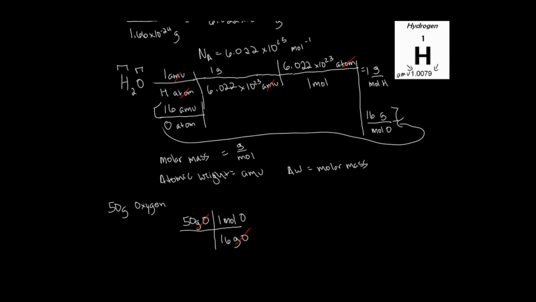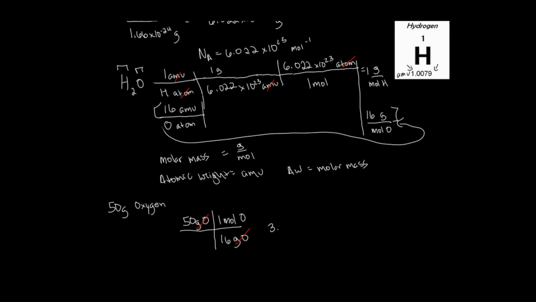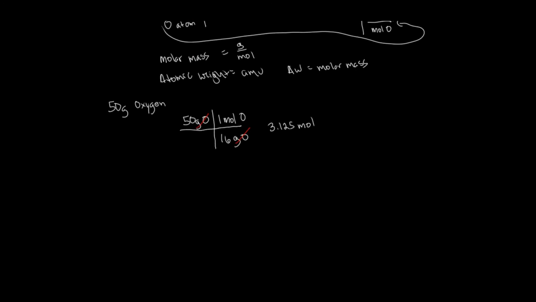So 50 divided by 16, let's break out our handy dandy calculator here. 50 divided by 16. We have 3.125 moles. All right, so now we know how many moles we have of oxygen.